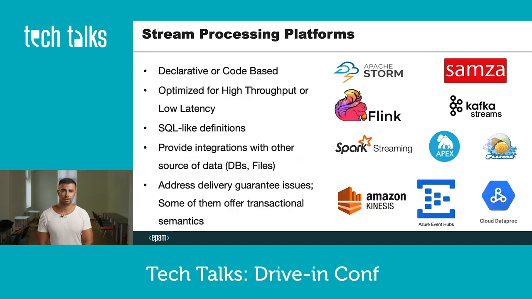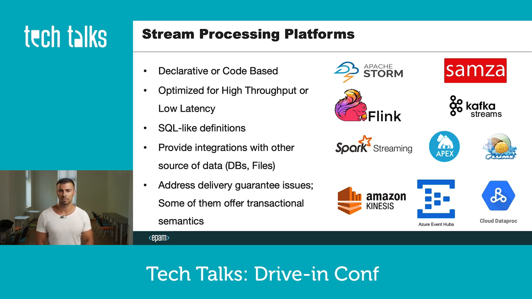There is also a wide variety of stream processing platforms nowadays. They vary in their deployment options, and in how the processing is configured or declared, via code with APIs or some kind of configuration.